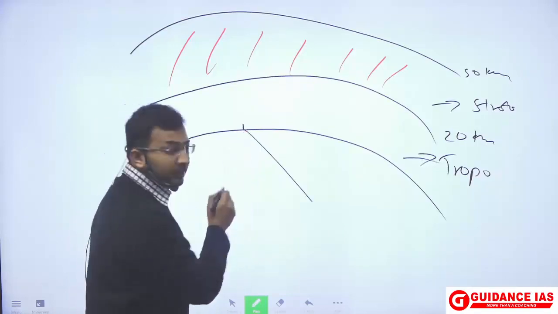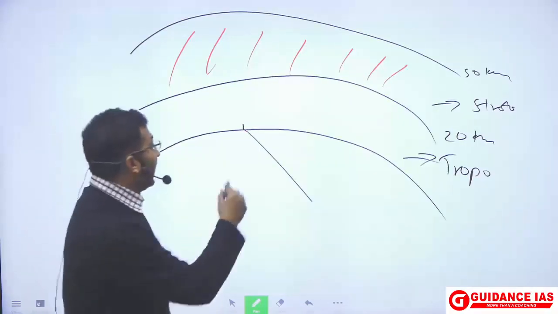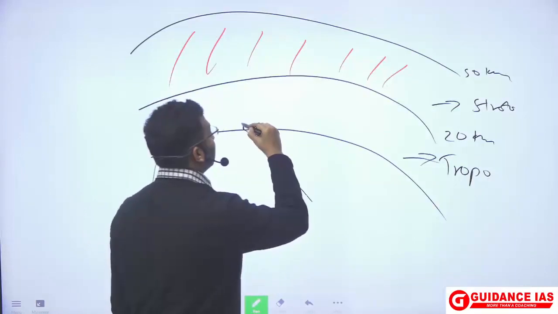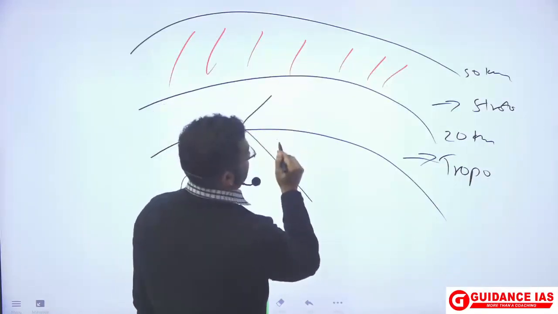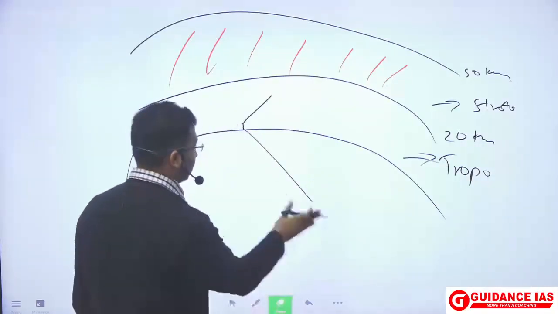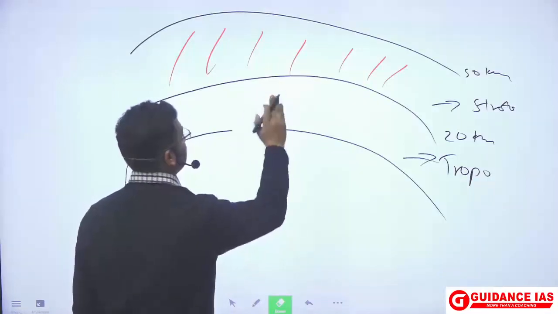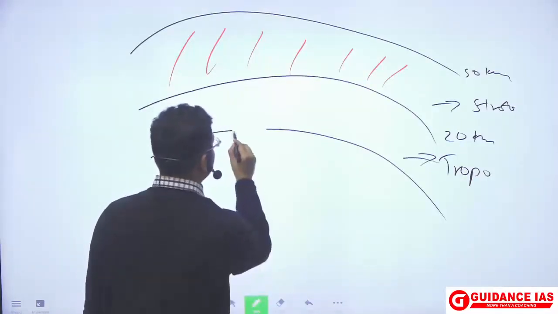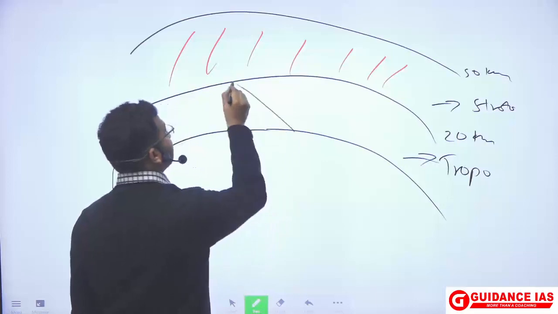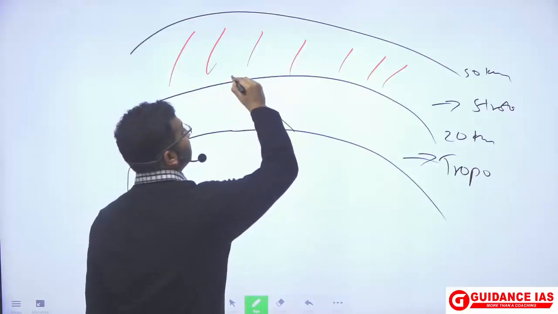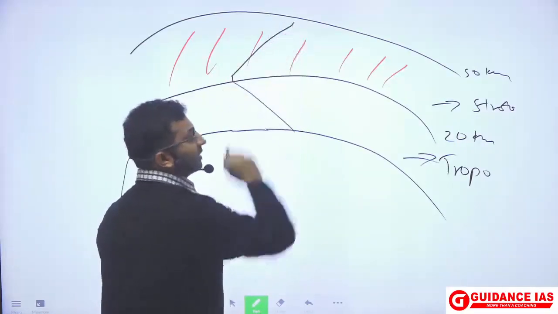It remains stable in the tropopause, and then it increases again.